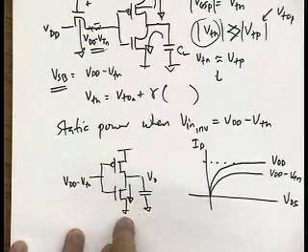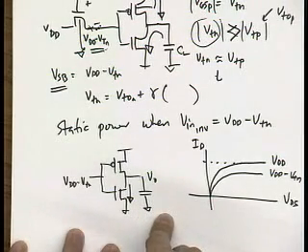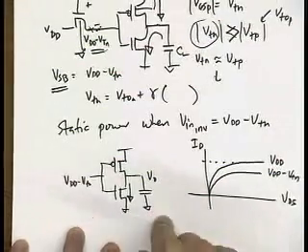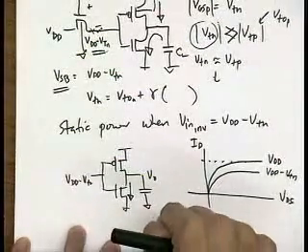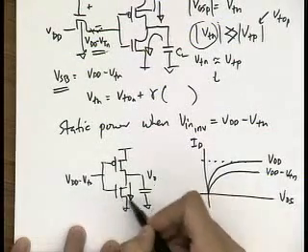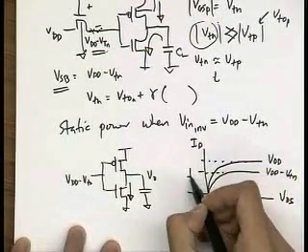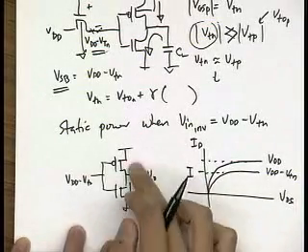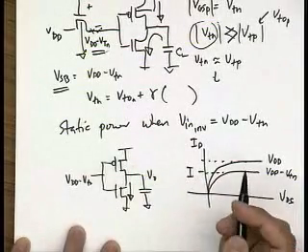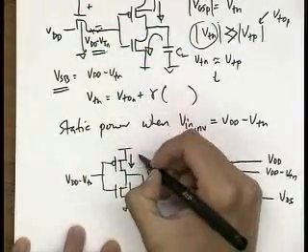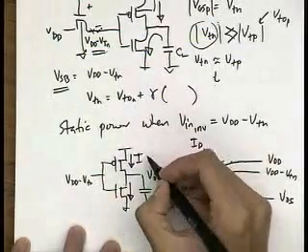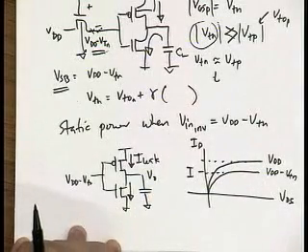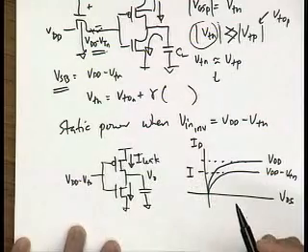But will all that discharge current appear or pass through the capacitor? No, because here I also have a leakage current from my PMOS. Okay, because it's not fully off.